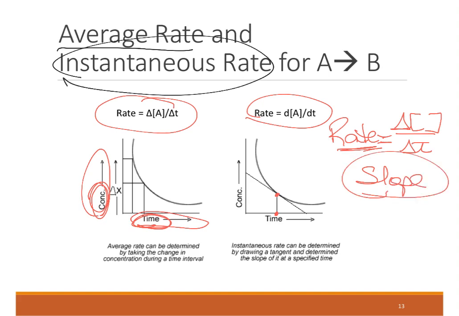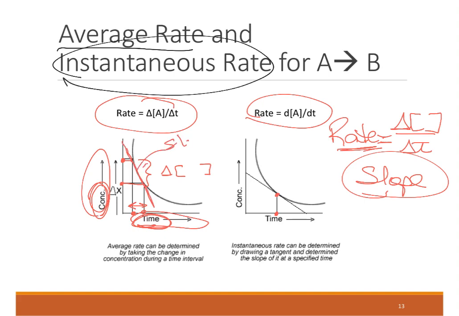So let's say we pick two different concentrations. This is the change in concentration over this amount of time. So this would be the slope in this area, right?